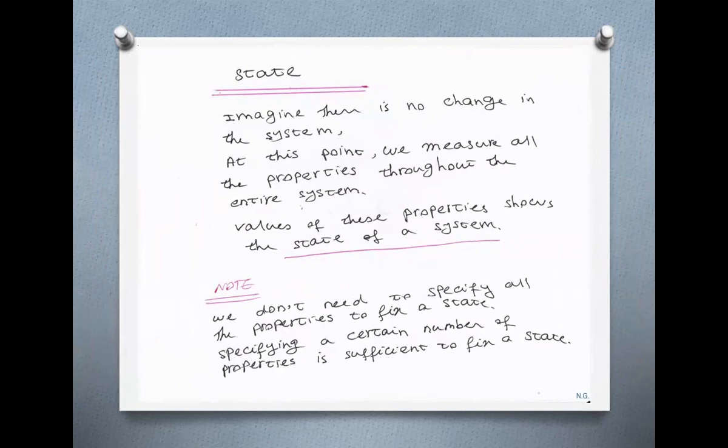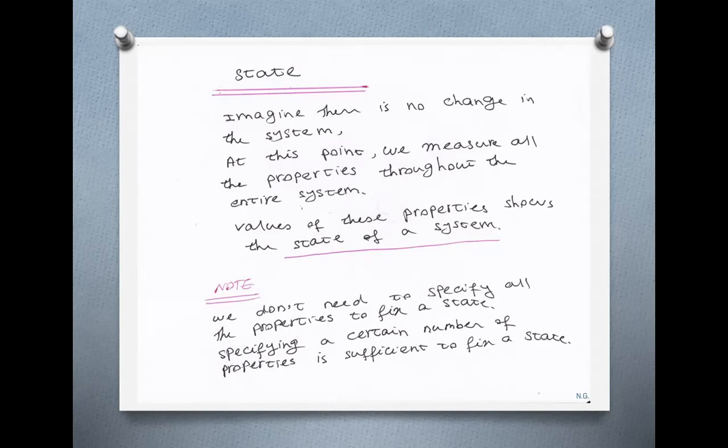Then you hear the word state a lot in this course. There are some properties that describe a system, for example temperature or pressure or density. Some properties have point values.